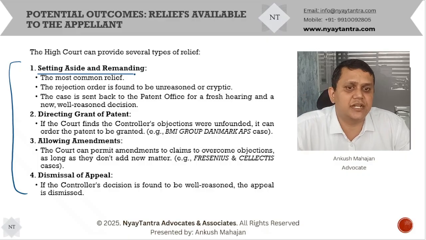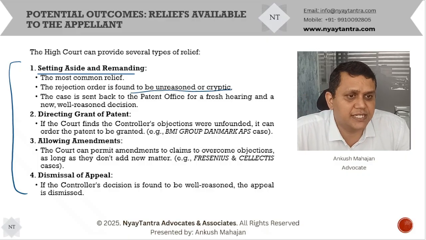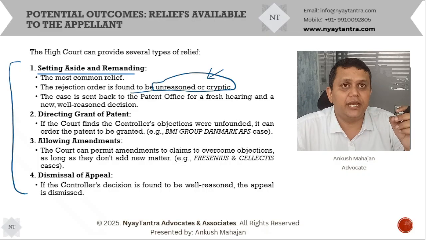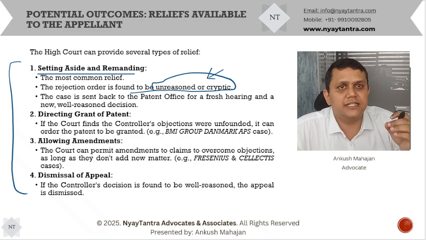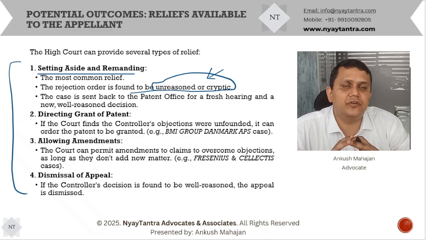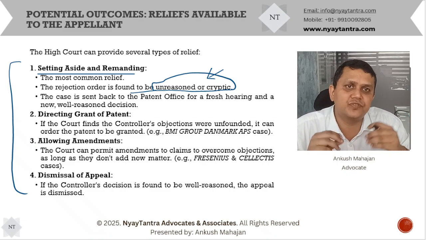The rejection order is found to be unreasoned and cryptic. In most of the appeal matters, we were going through a catena of the learned controller's decisions in which the reasoning was absolutely silent.